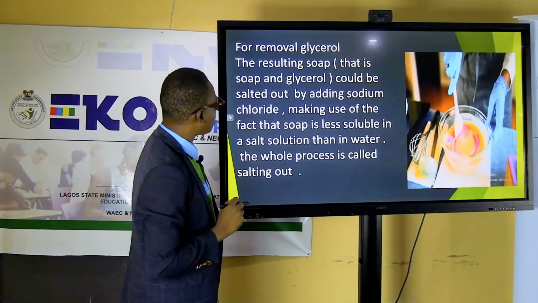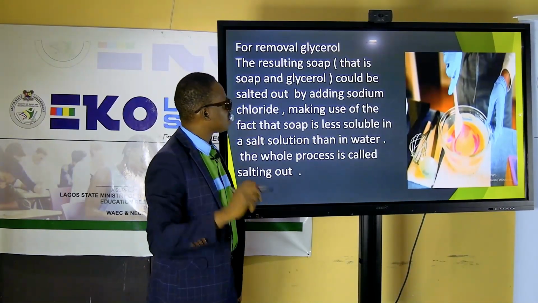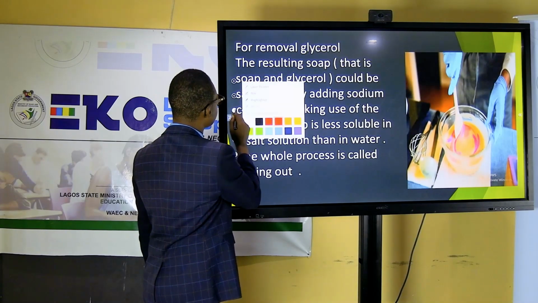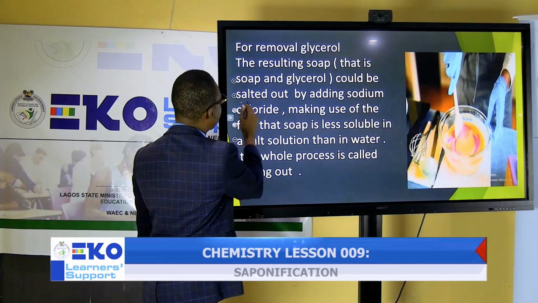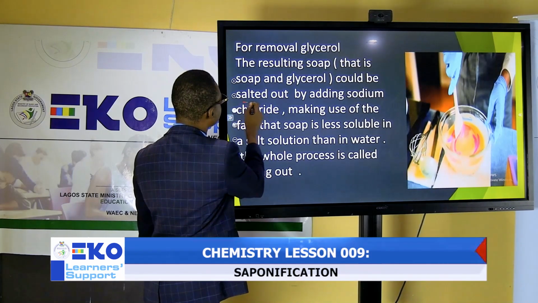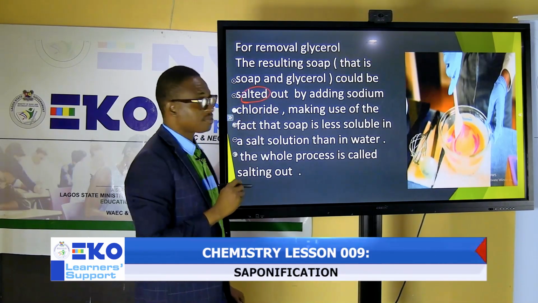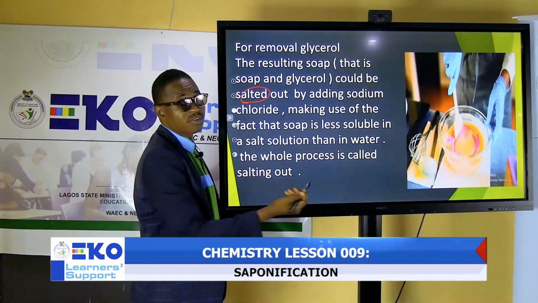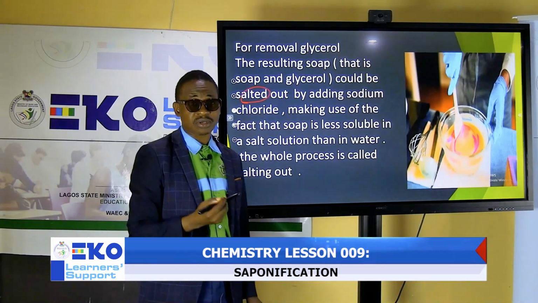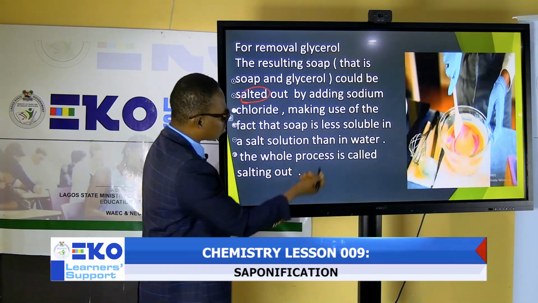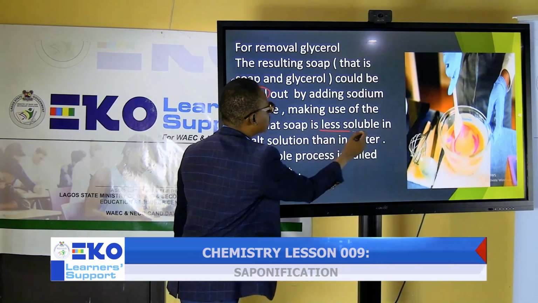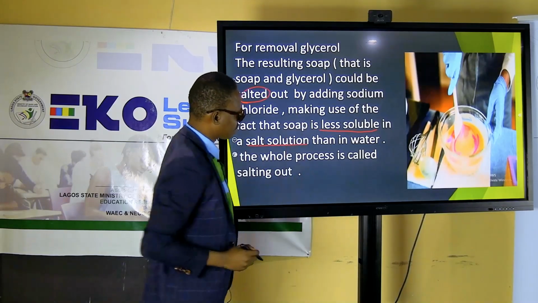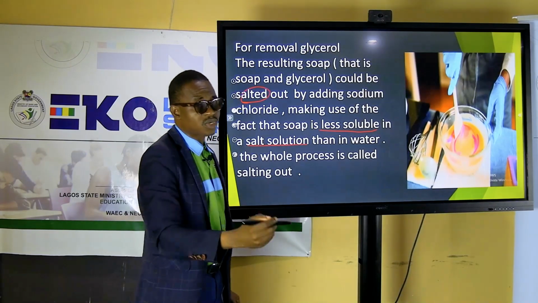So when you look at the board, it could be salted out. Yes, we can add salt to the mixture. And what will happen? It will remove the soap from the mixture. Why? Because the soap is less soluble in salt solution than in water.